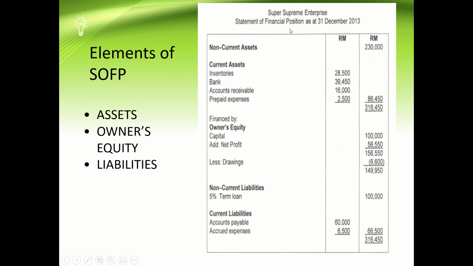So in this example of statement of financial position, the asset is on the top of the statement, followed by the owner equity and then the liabilities.